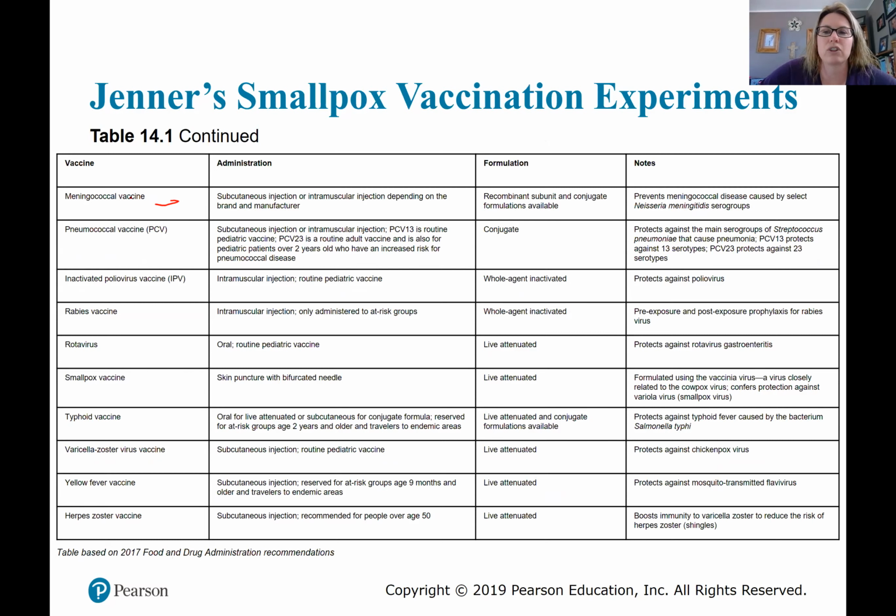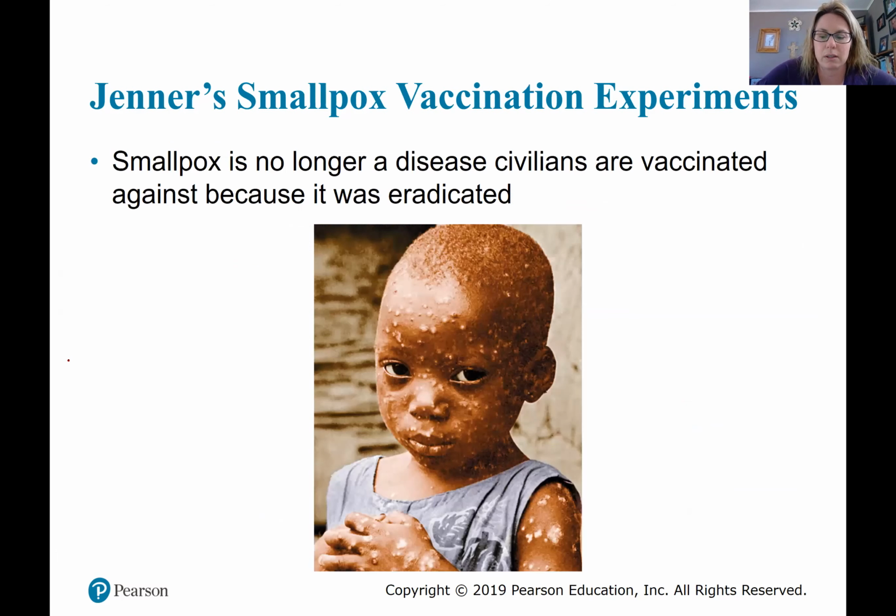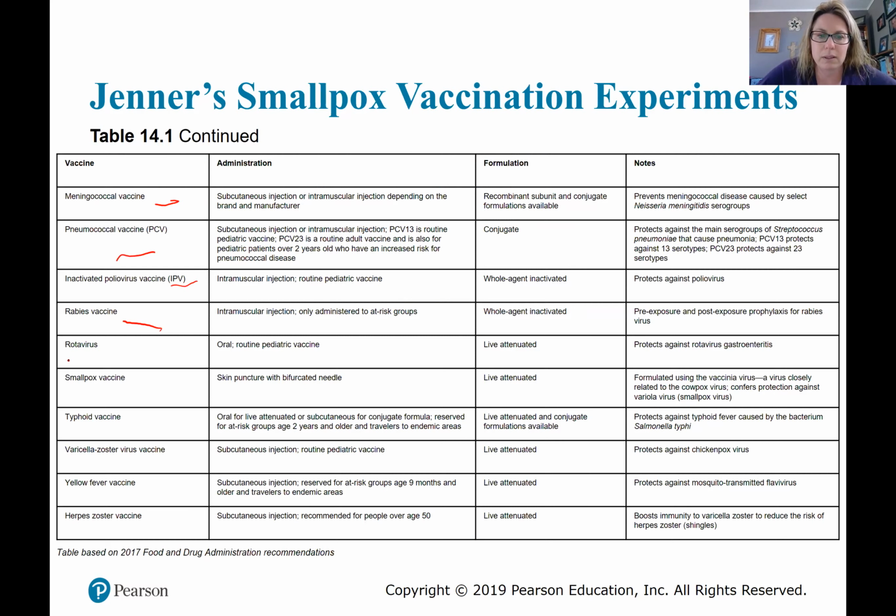Meningococcal, against meningococcal meningitis. If you live in the dorms, you likely had to get that vaccination before you could move in. Pneumococcal vaccine for elderly patients. Polio. If you go into veterinary medicine or work as a zookeeper, you'll likely need a rabies vaccine, but the general population does not. Rotavirus, which is a GI illness, diarrhea, that type of thing.